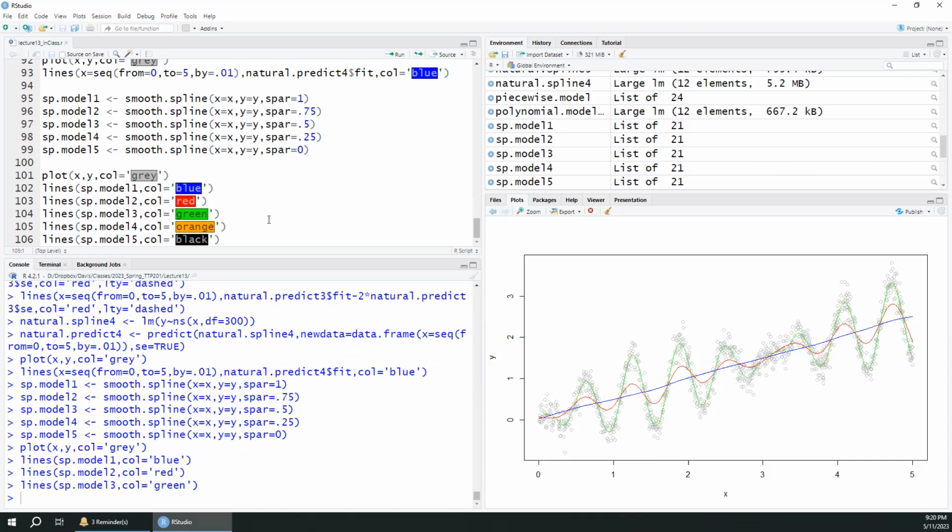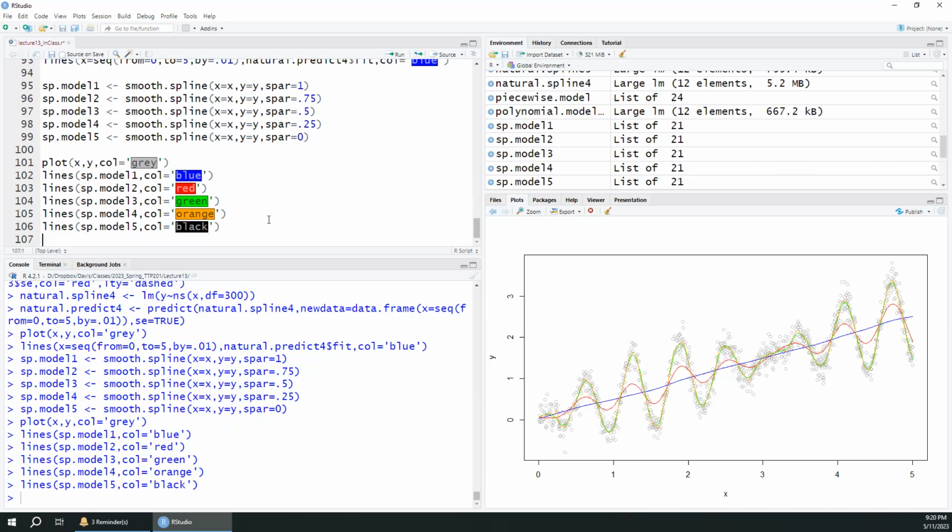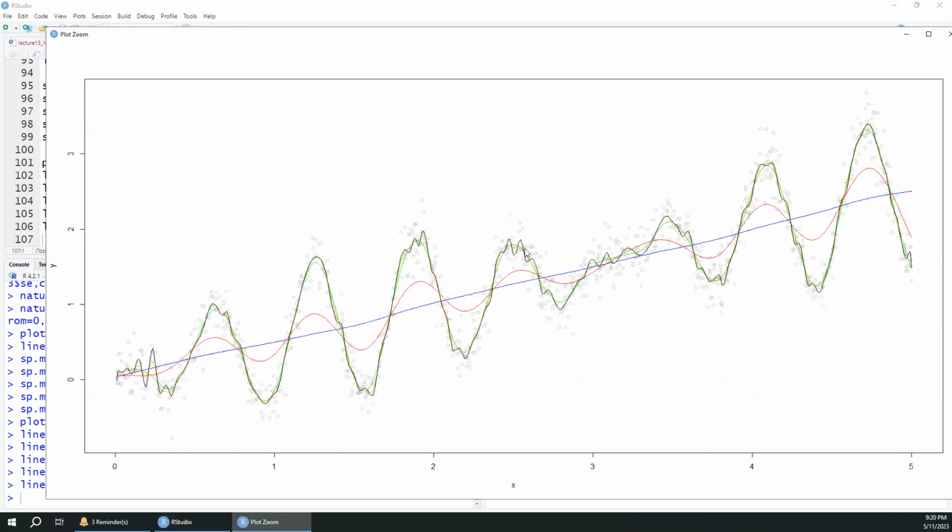And there is a tuning parameter 0.5, orange at 0.25, and then with 0, you can have sort of as many knots as you want, and you end up with something that we might consider slightly overfit, right? And so that black line is starting to squiggle a lot more, and actually you can even start to see that in the orange line with the tuning parameter set to 0.25, and maybe green is our best one.